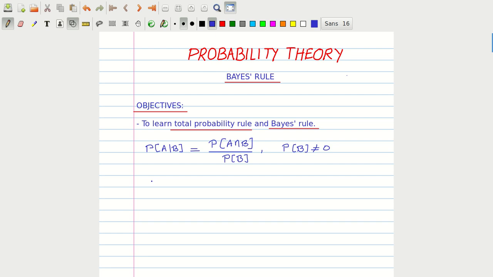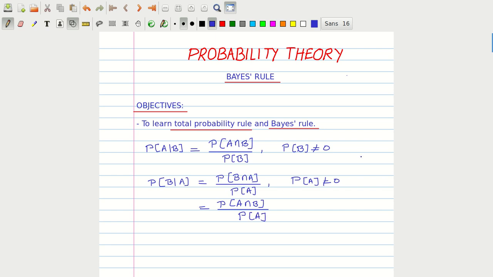We can similarly write the other conditional probability, B given A, equal to the probability of B intersection A upon P(A), where P(A) is not equal to 0, but B intersection A can be written as A intersection B because intersection is commutative.